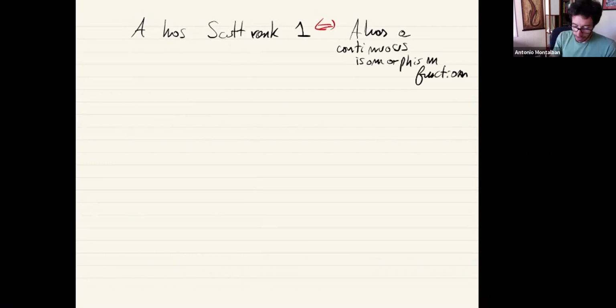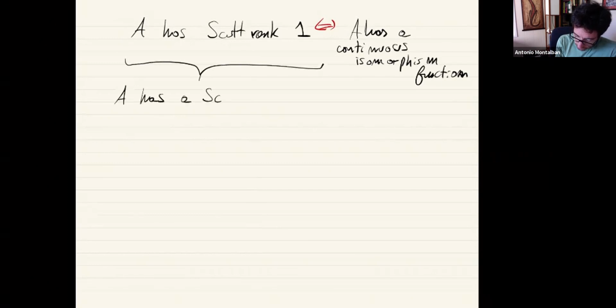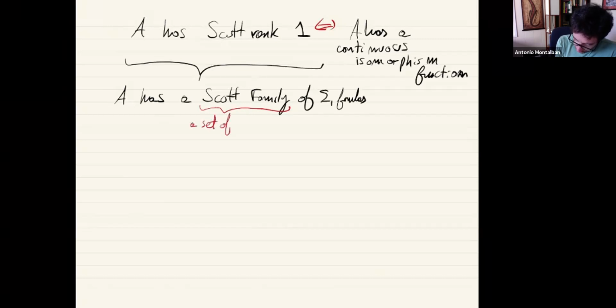All right. Now, Scott rank 1 is the same as A having a Scott family of sigma 1 formulas. And a Scott family, I don't know if you guys remember from yesterday, is a set of formulas defining all orbits.